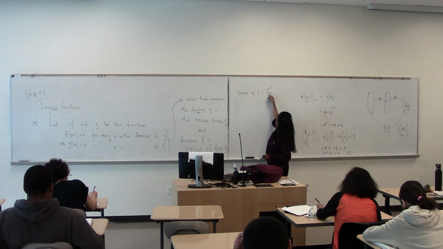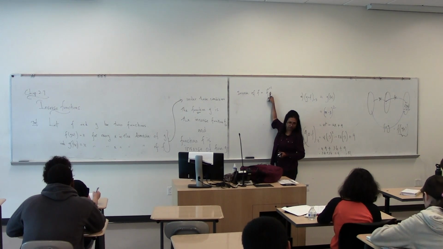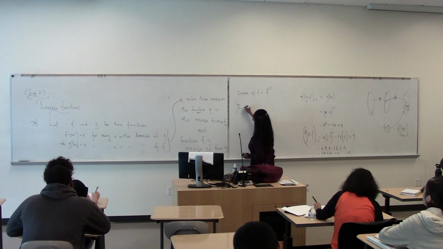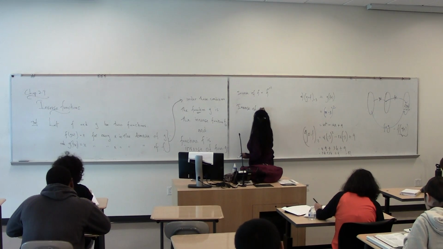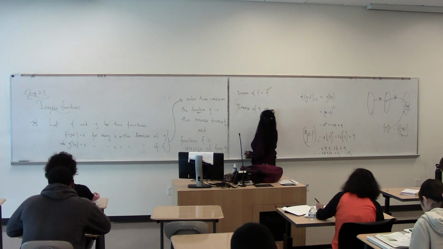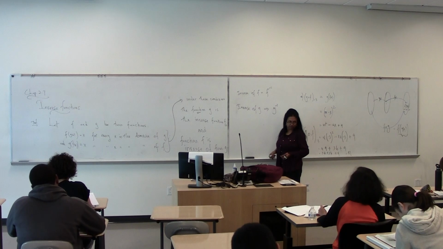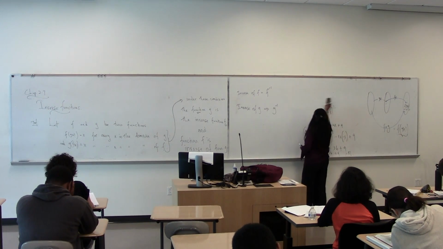This is not a negative 1 power, this means inverse of f. So what is inverse of g? This is the notation. Inverse of g, how will you write this? Same thing. Okay?